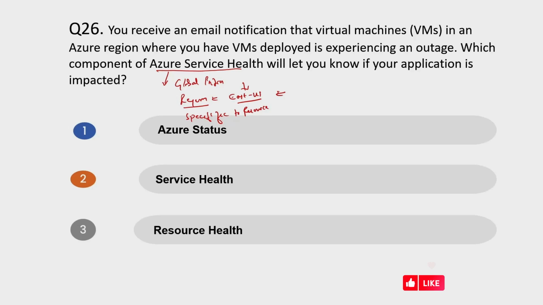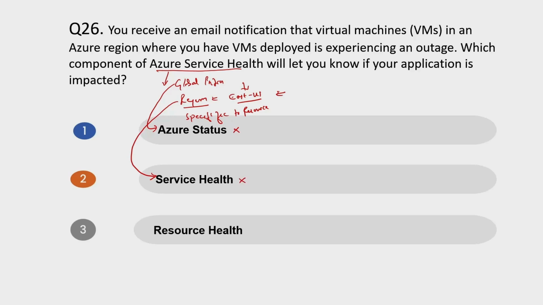In this question, global infrastructure, Azure status, is the one which provides general information. The resources we have deployed, specific to the region, will be covered by Service Health. So this will be a wrong answer and this will also be a wrong answer.